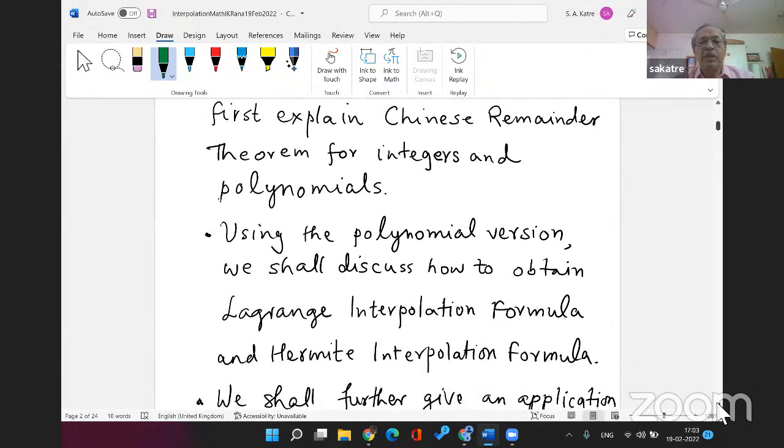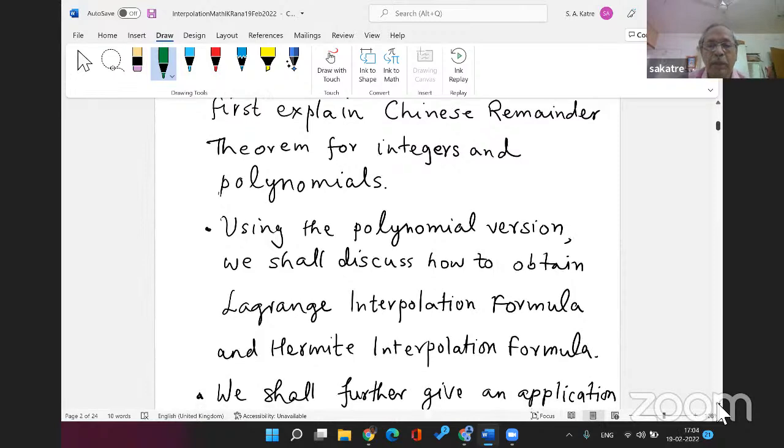Also, this polynomial version can be used to obtain Lagrange interpolation formula. Actually, this is not the way in which the Lagrange interpolation formula is usually proved, but we will see the connection in this talk. And also in the same way, how Hermite interpolation formula can be obtained from Chinese Remainder Theorem.